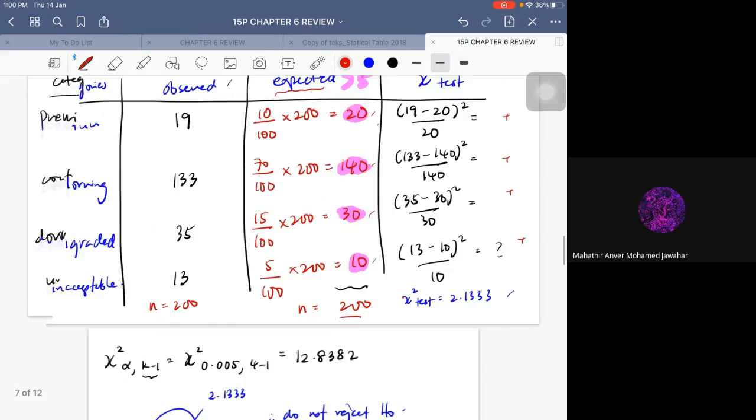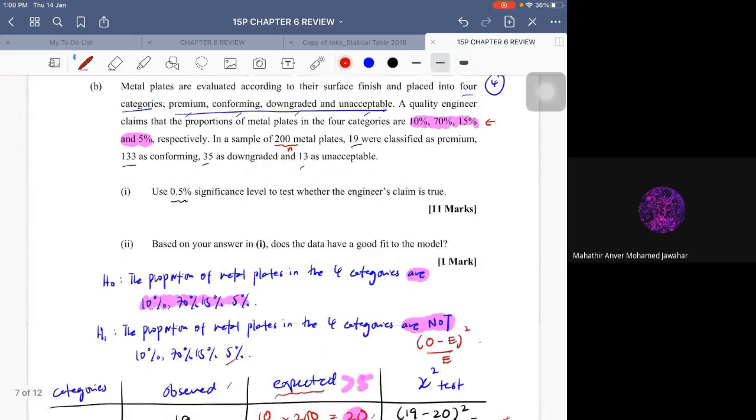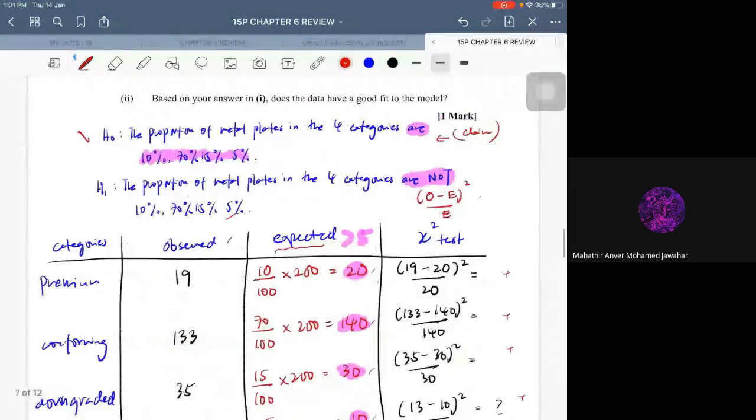Okay, what does it mean if we do not reject H null? It means that H null is actually true, that the proportion of metal plates actually follows this percentage. And this is actually what is being claimed by the engineer. The question asks you whether the engineer's claim is true. Yes, so far we have evidence that his claim is actually true.